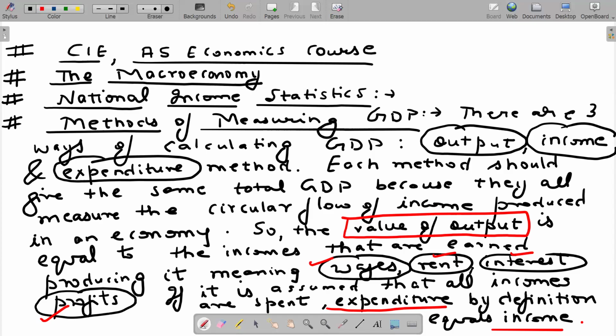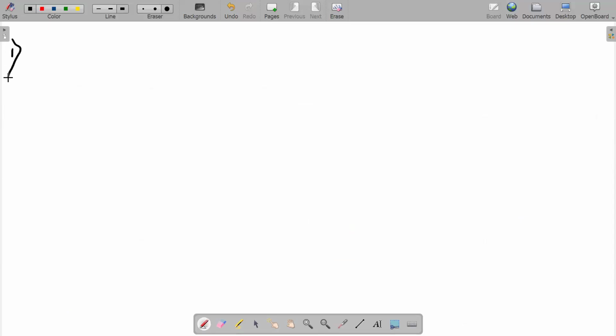So if I erase all this off, let's look at the output method.